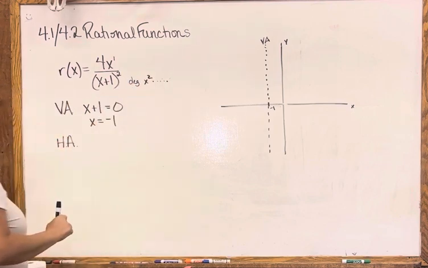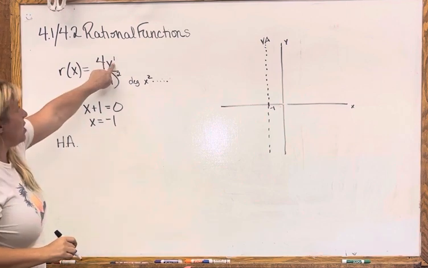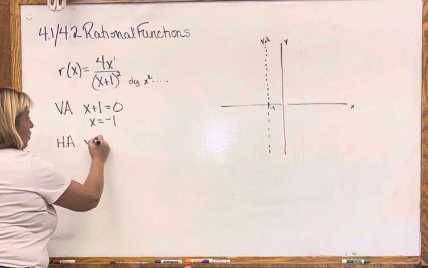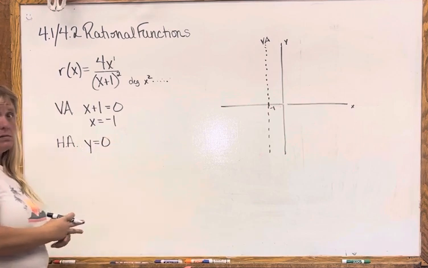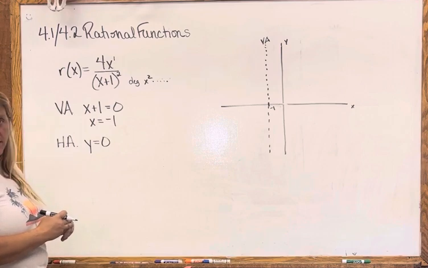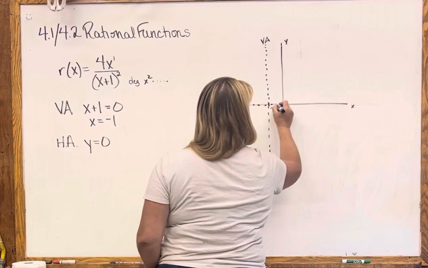So the degree on the bottom is actually 2, so they're not the same. The top is smaller than the bottom, and that's when we get y equals 0 as our horizontal asymptote. So again, another one where we're right here on the line.